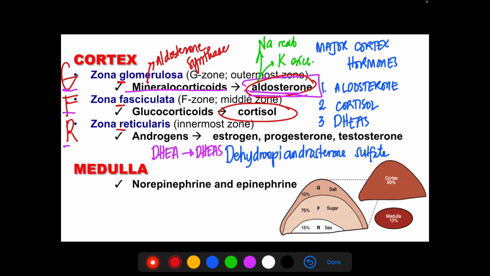And lastly, the zona reticularis, of course, is mainly responsible in balancing the different sex hormones. So we have the salt, sugar, and sex. So GFR, salt, sugar, and sex for your mnemonics.